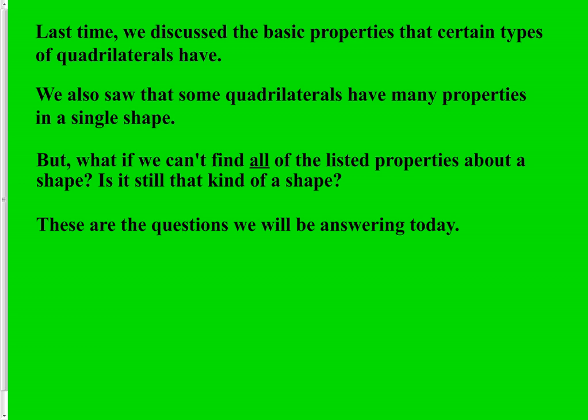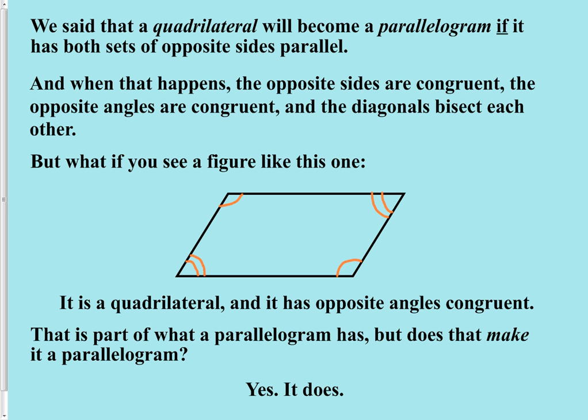Okay, so we were looking at what exactly is required, and the answer was: if you have a quadrilateral and you find any property of a parallelogram, then that makes it a parallelogram, and then all of the properties of a parallelogram do apply, even though they're not marked in the picture.